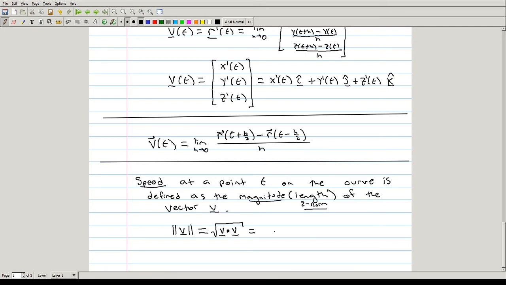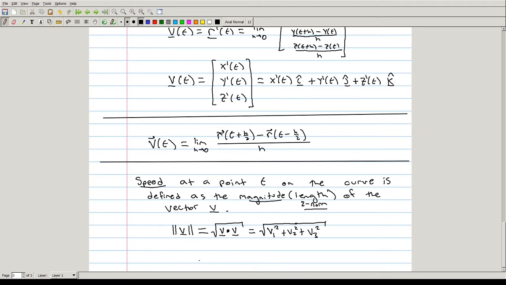Which, when we compute this out, reduces to, in Cartesian coordinates, v1 squared plus v2 squared plus v3 squared. And remember that I haven't written any functional dependence here, but v in general on the curve is a function of t, which means that each one of these components is in general a function of t.